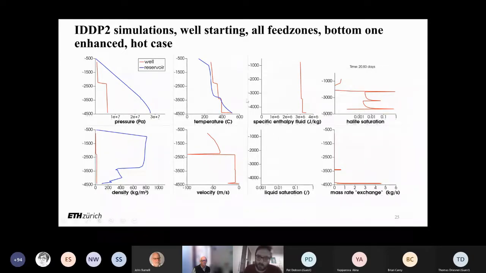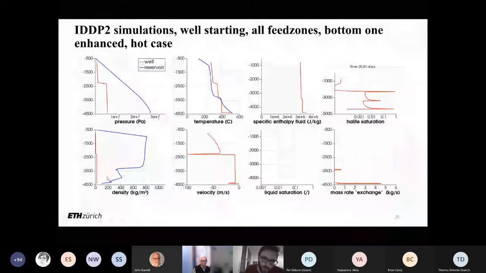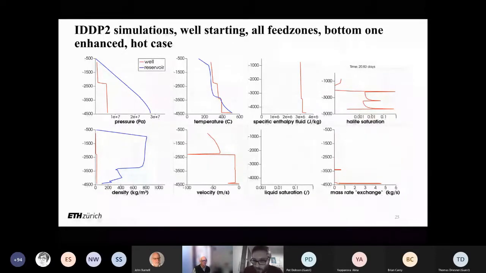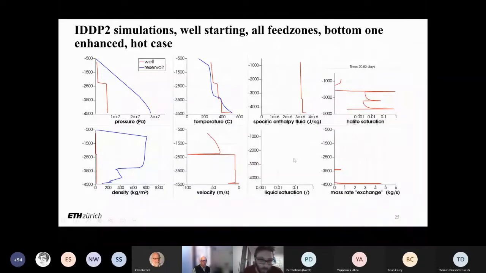What you see here is that because we allowed much more flow from a very hot bottom feed zone, the whole well is much warmer, and so all of the fluid drawn in from the shallower feed zones will also encounter conditions that are very favorable for halite precipitation, just because the fluid coming from below is much warmer.